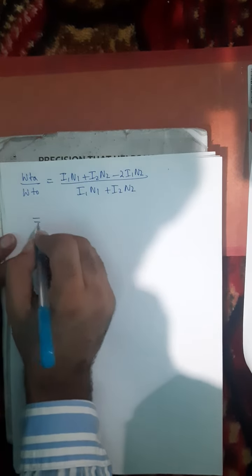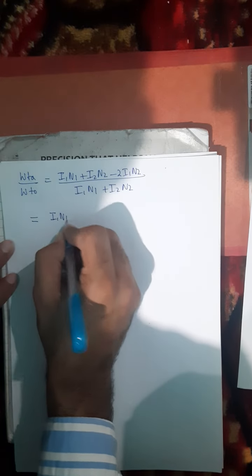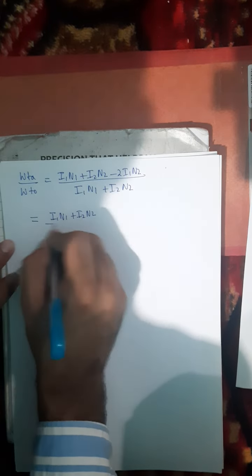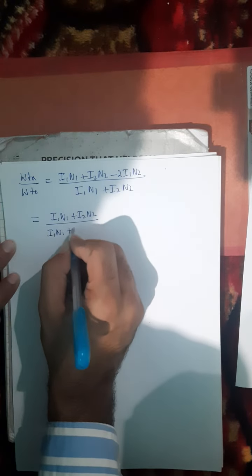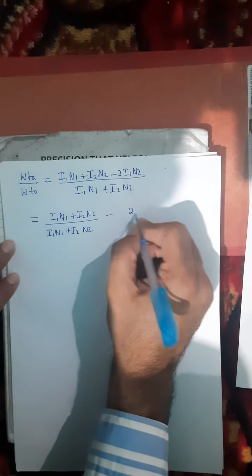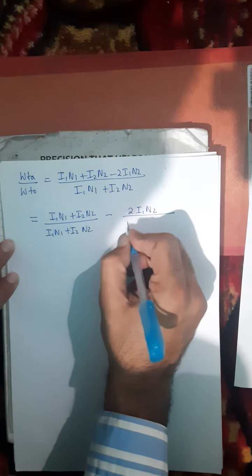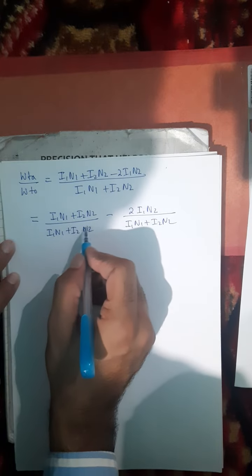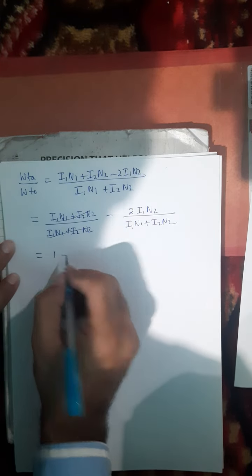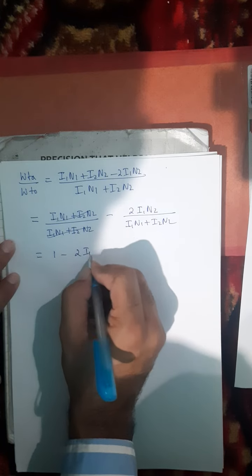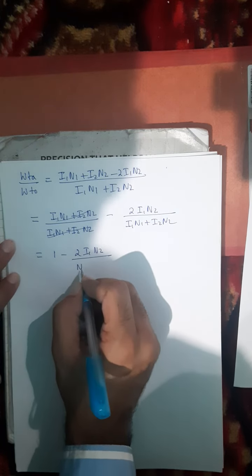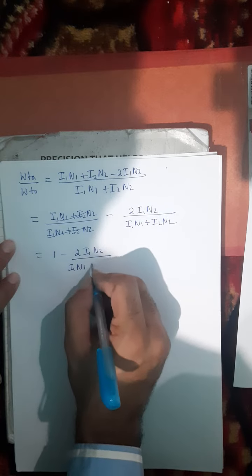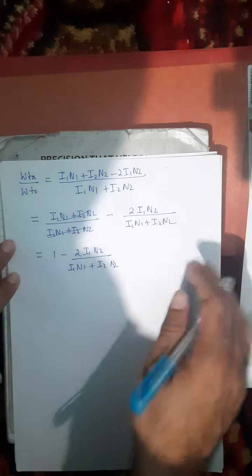So if I solve this, I will simplify this equation like I1 N1 plus I2 N2 divided by I1 N1 plus I2 N2, minus twice I1 N2 divided by I1 N1 plus I2 N2. So it will give me 1 minus twice I1 N2 divided by I1 N1 plus I2 N2.